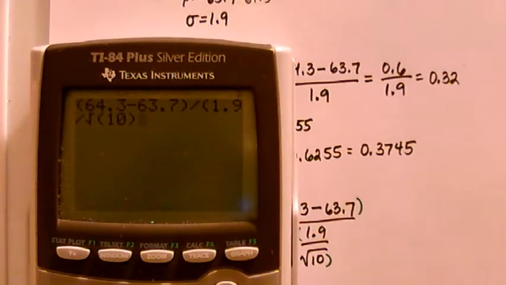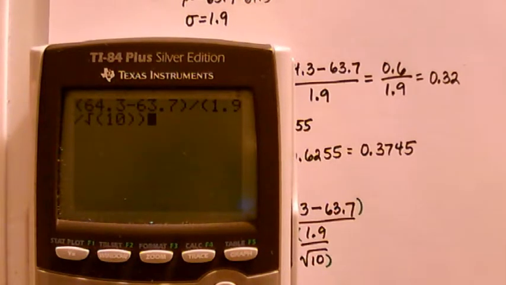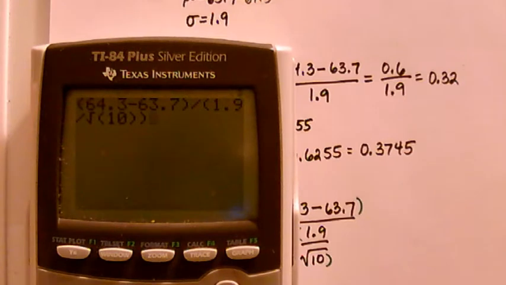Close the parentheses for your square root, and then close it again. Now, for those of you who have the TI-84 Plus, you'll use your right arrow key to get out from underneath the radical symbol, and then close your parentheses. Okay? And then you hit enter.